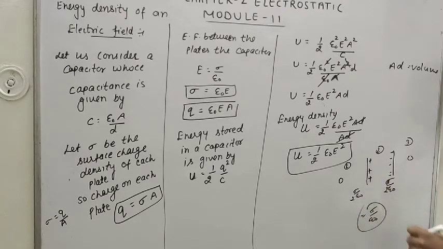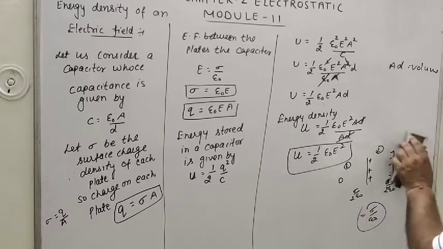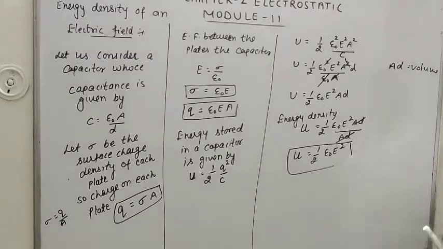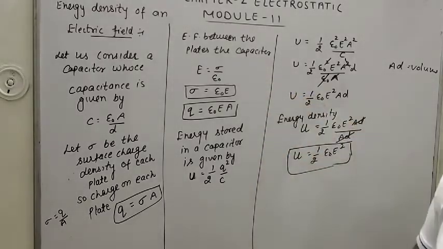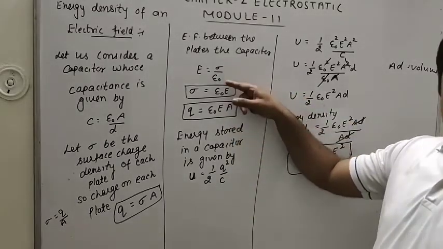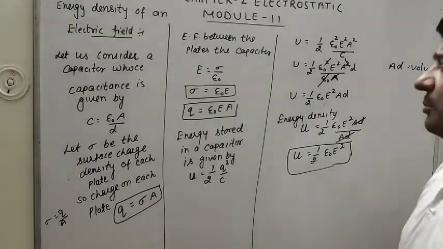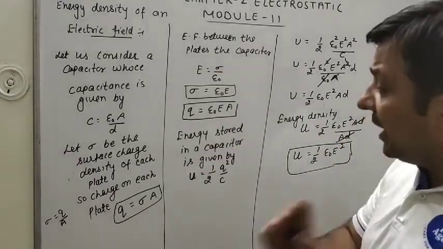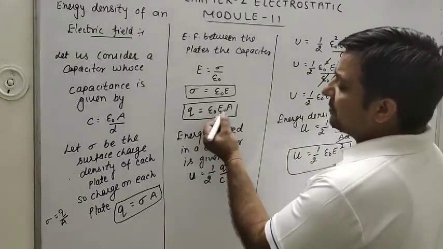This is from Gauss theorem. So this is the electric field, sigma upon epsilon naught, and cross multiplying, sigma is equal to epsilon naught E. E is the electric field. Now putting the value of sigma in Q, Q becomes epsilon naught E into A.